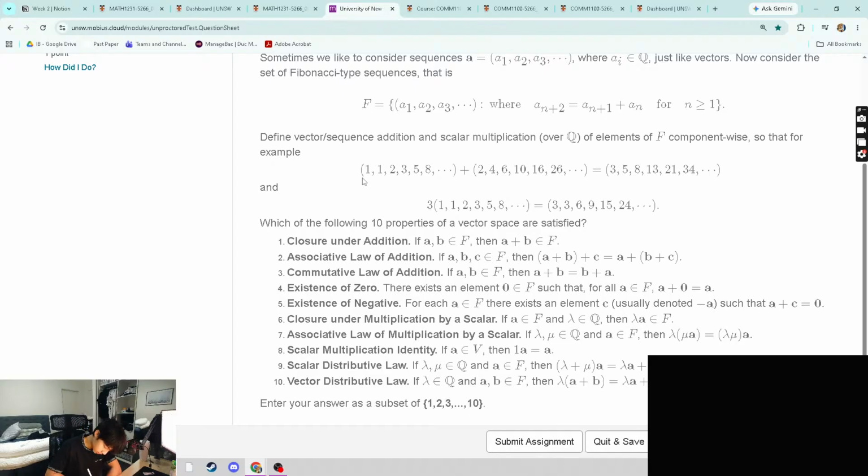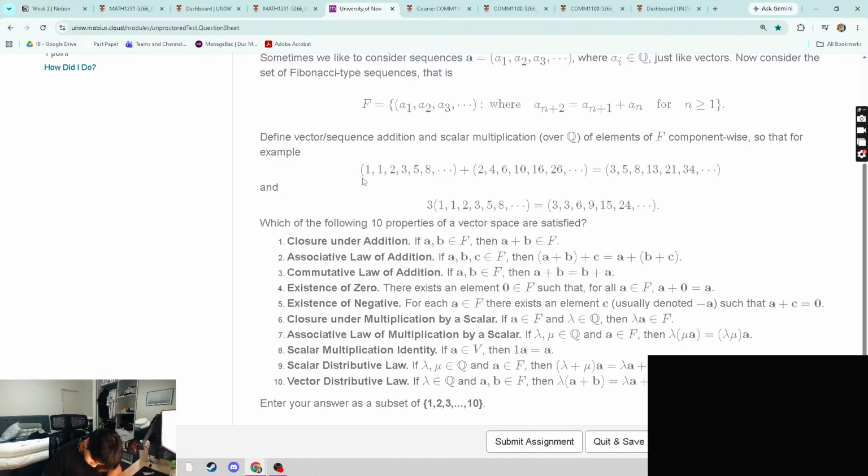Yeah, since algebraically, lambda times mu in Q, like 2 over 3 times 4 over 3 is equal to 8 over 3, is still in Q, and it doesn't matter the order really if you just multiply it by the Fibonacci sequence.